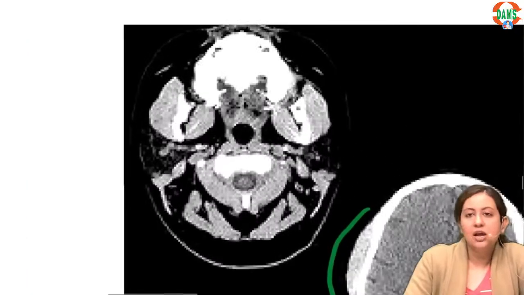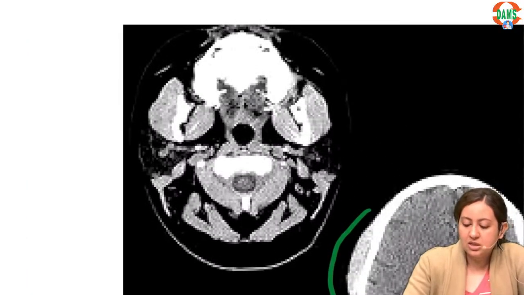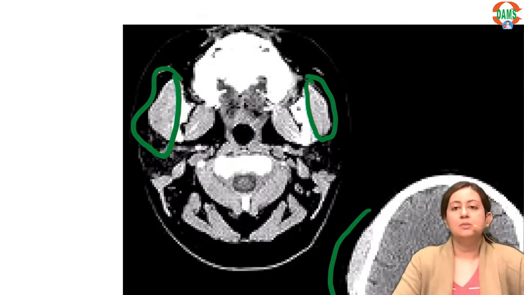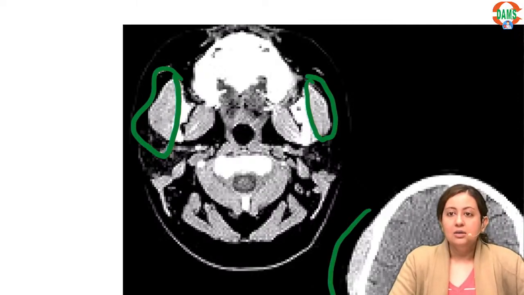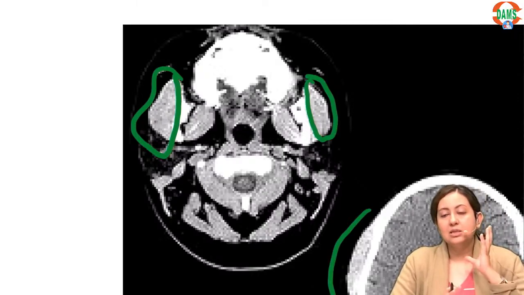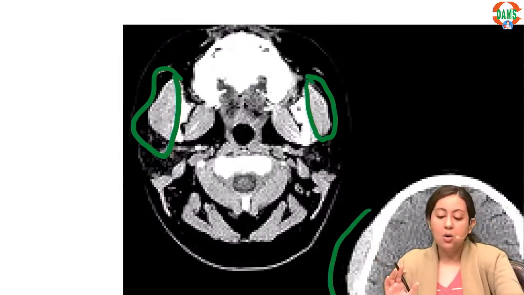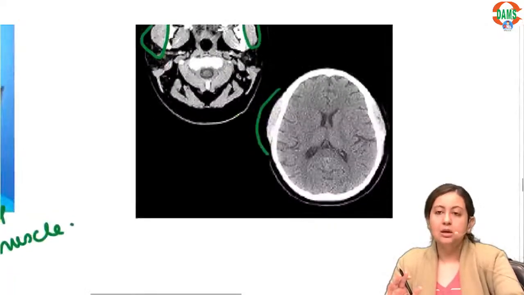Now I would like to zoom in here. If you compare the size of the masseter muscle on both sides, you see that the masseter on the right side is hypertrophied. It is bulkier than the one on the left side. Now why is this happening?